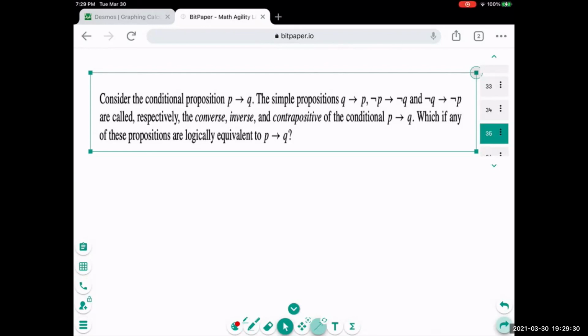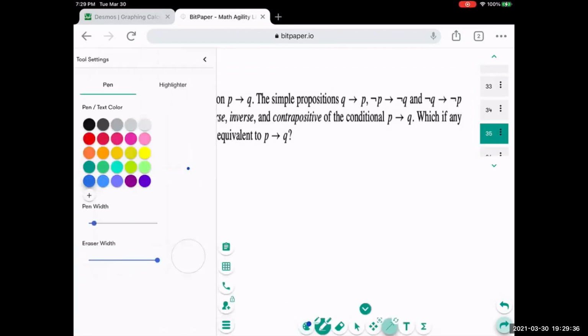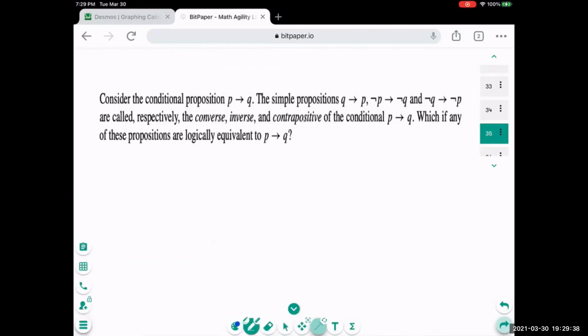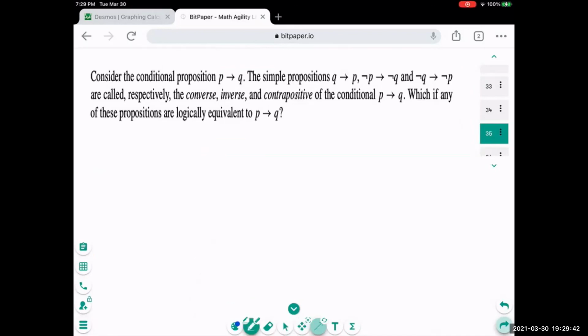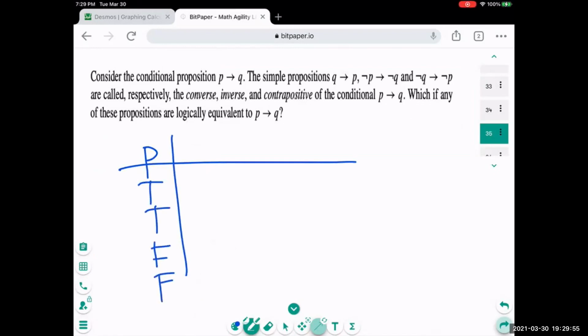So, okay. So, una, gagawa ulit tayo ng truth table. So, P would be, again, true, true, false, false.